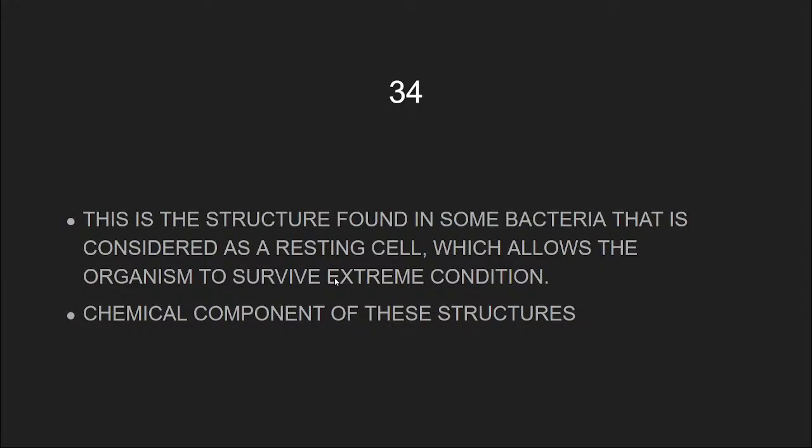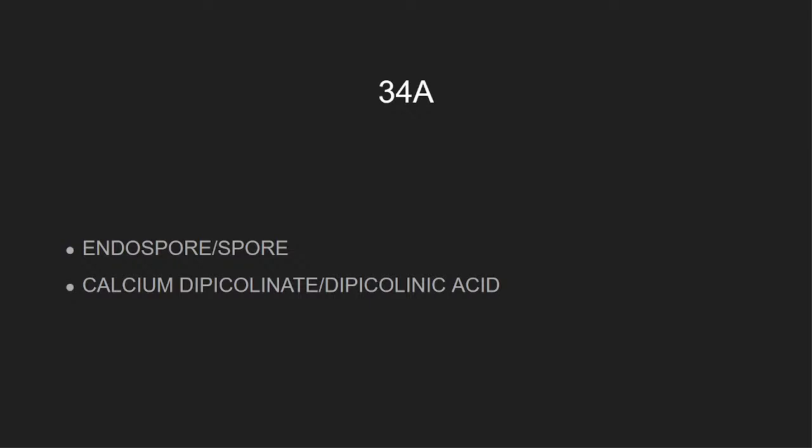So the structure that is also known as a resting cell, and allows the organism to survive under extreme conditions, is a spore or an endospore, to be specific, because we have spores in mycology, so I don't want you guys to be confused. So endospores, these are found within the bacterial cell. And the components include calcium dipicolinate or dipicolinic acid. Okay? That's the answer to that one.